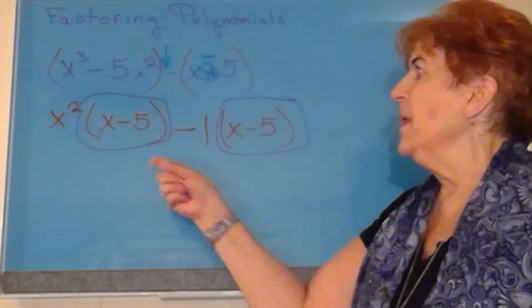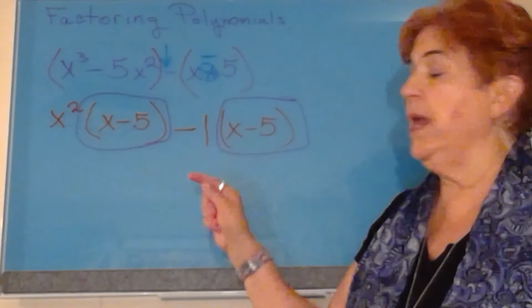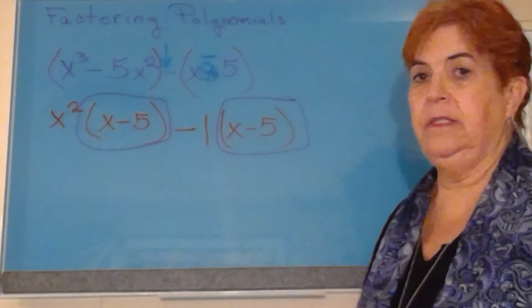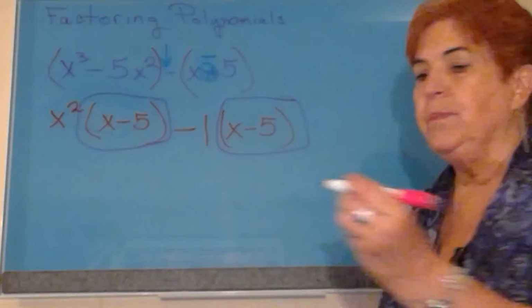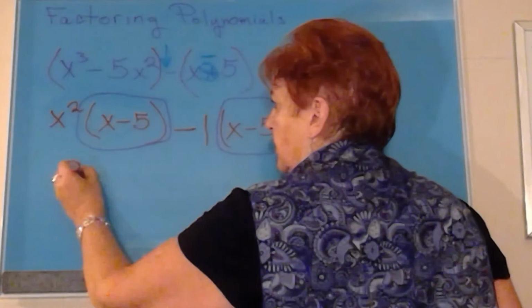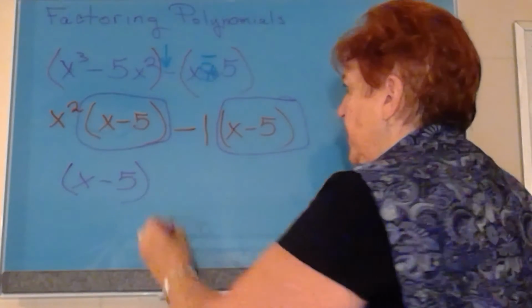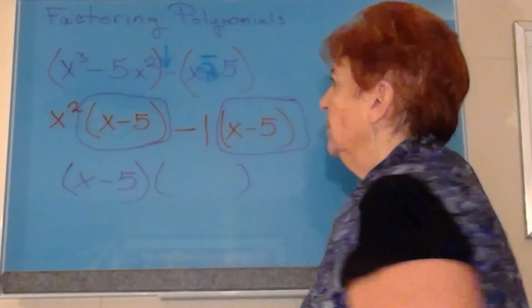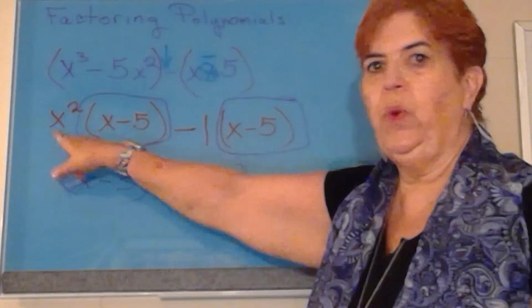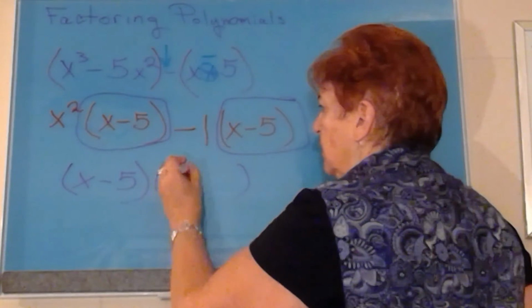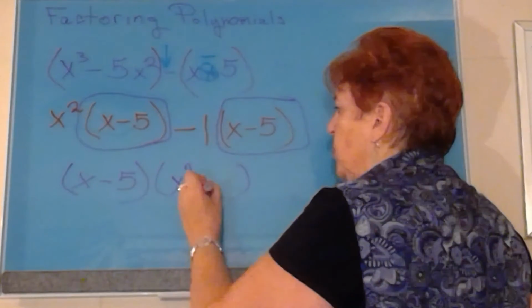Okay, so I've got 2 terms really now because they're separated by that minus. I can take an x minus 5 out. And when I take that out, that leaves me with an x squared here and a minus 1.